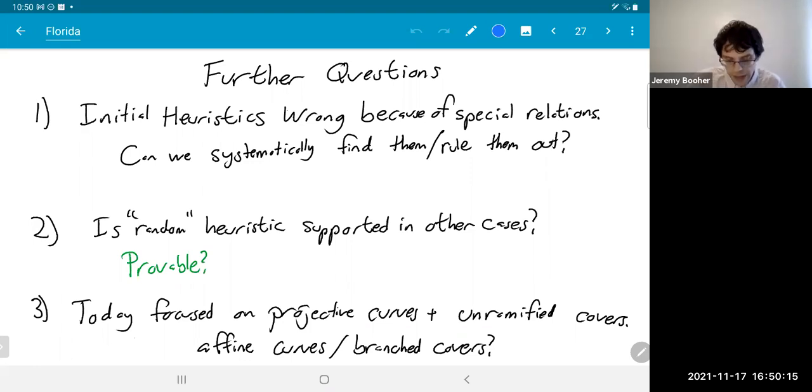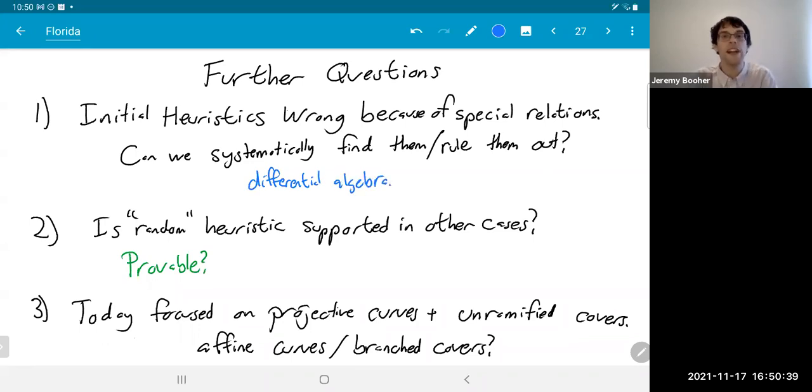So we were finding these special relationships, and the question is, can we systematically find them? And in particular, can we rule them out? If you want to use a family of curves in factoring, you better use a family where you can rule them out. Felipe Voloch and I have been thinking about this, and we have an approach using differential algebra, some ideas of Buium.